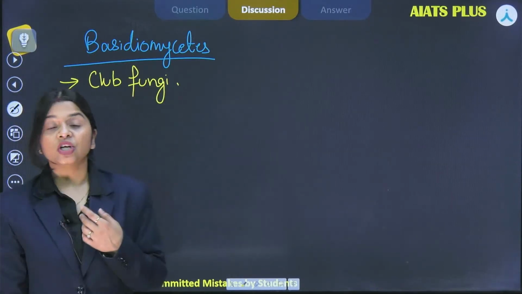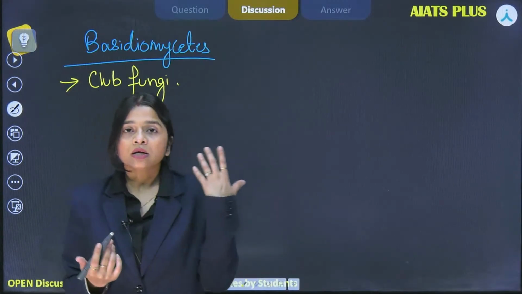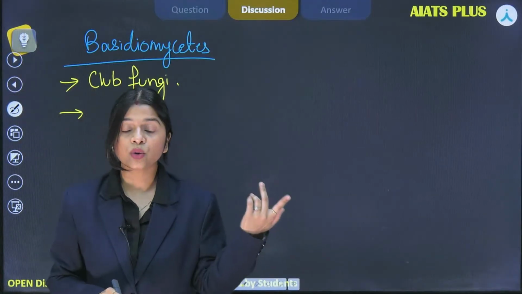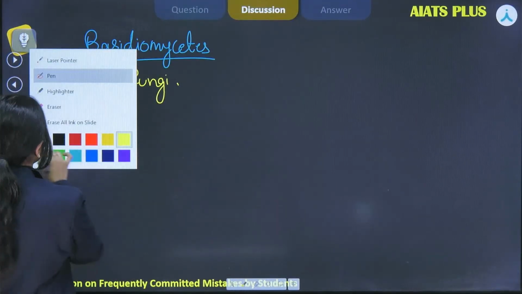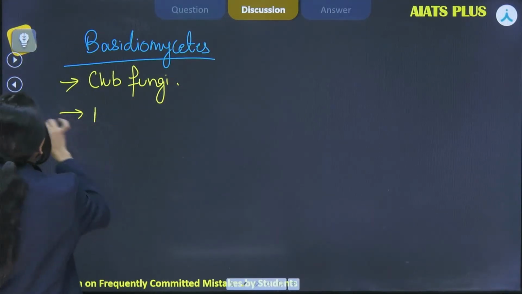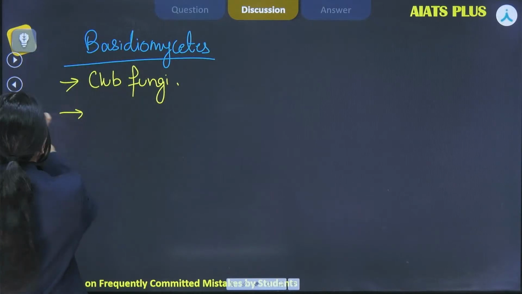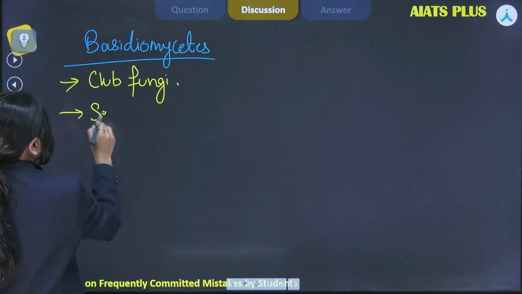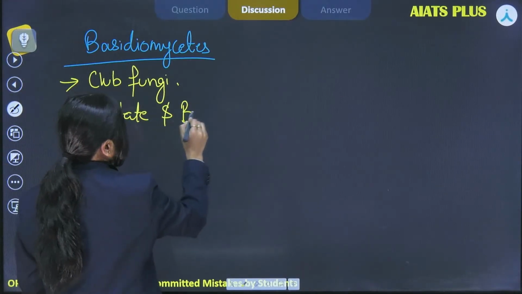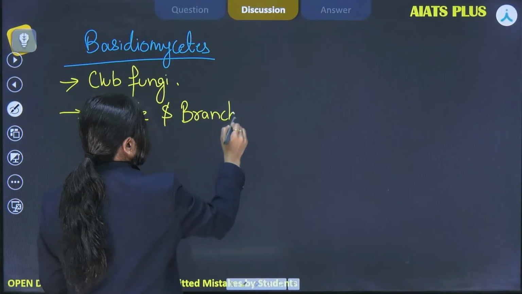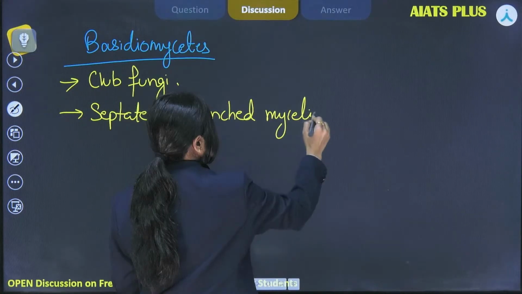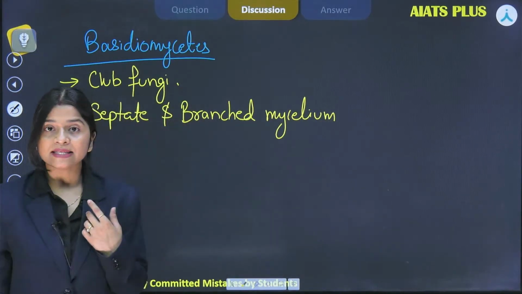Because it is the most advanced one, the members of this particular class have septate and branched mycelium. First of all, we will understand the structure only. So we have the septate and branched mycelium in the members of basidiomycetes.